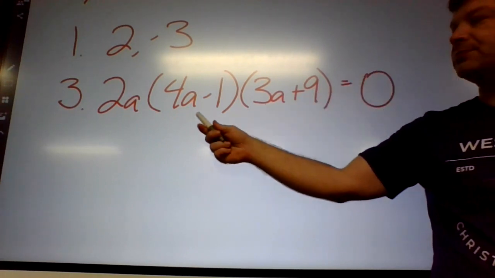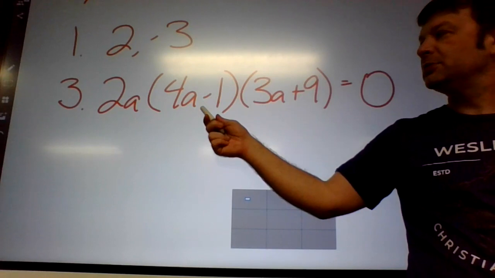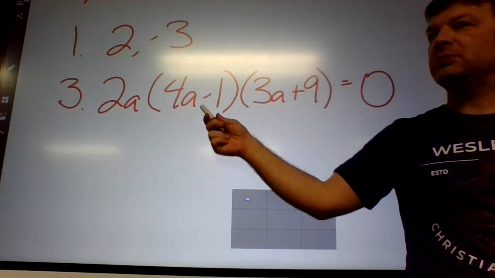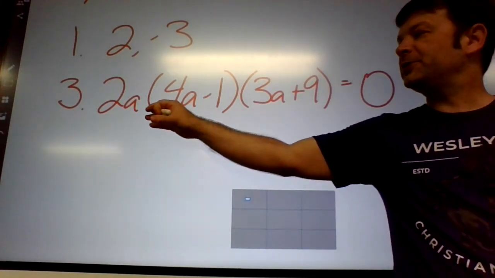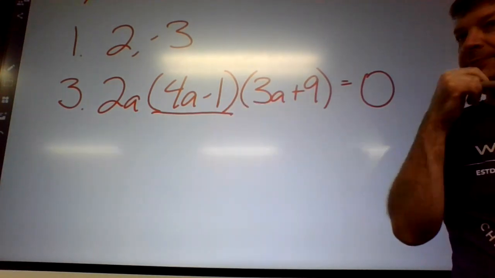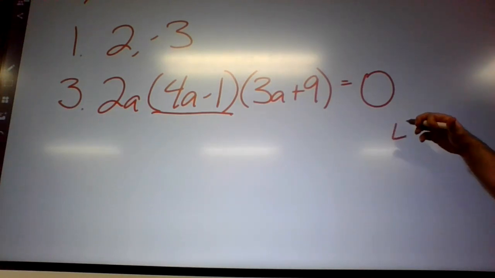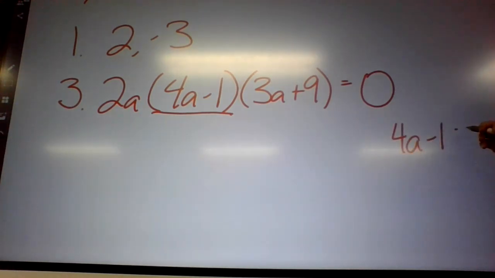Yeah. Basically, you would just do 0, right? Okay, there was a pattern. If you forget the pattern, we want 4a minus 1 to equal 0, right?